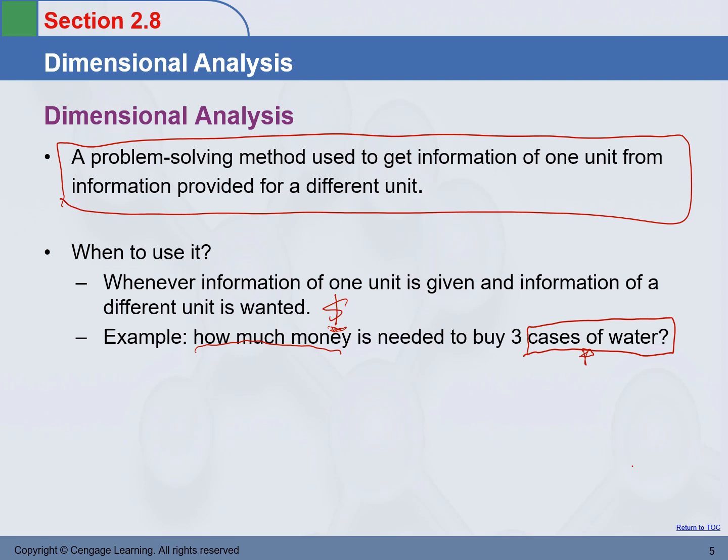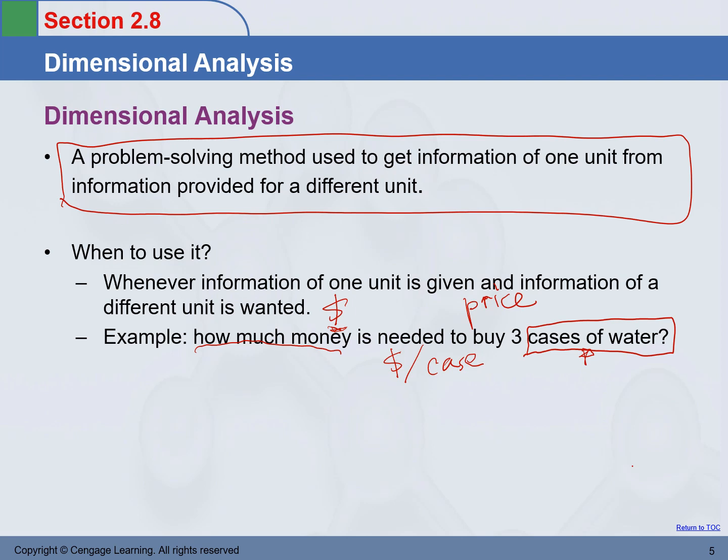I know some of you are saying, wait a minute, we cannot do this. We're missing some information. Yes, we need price. In order to finish this question, we need to know the price of water. How much money per case? We need that.